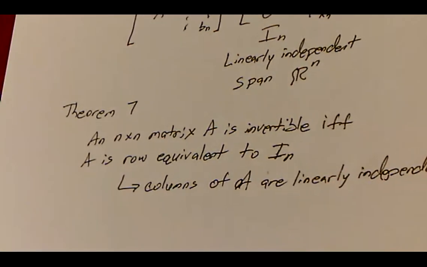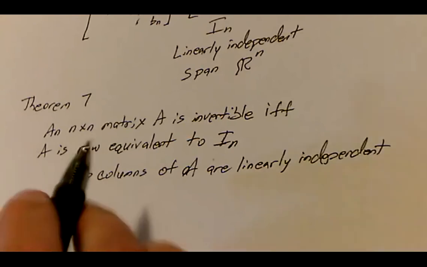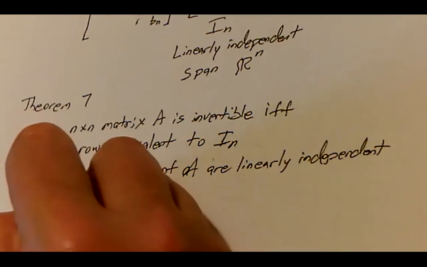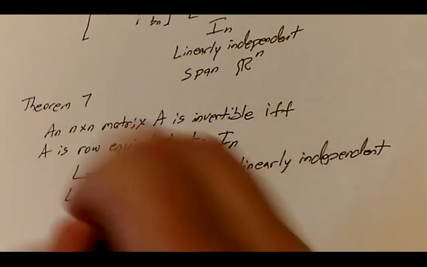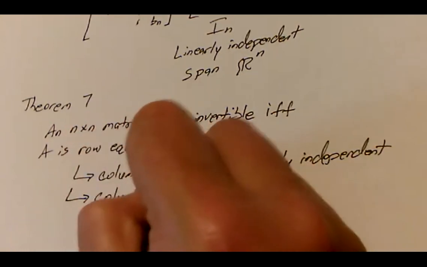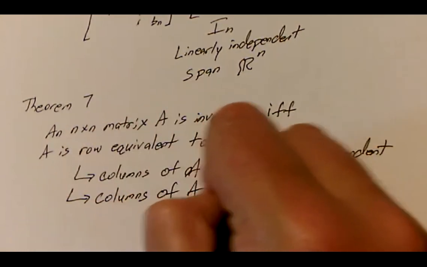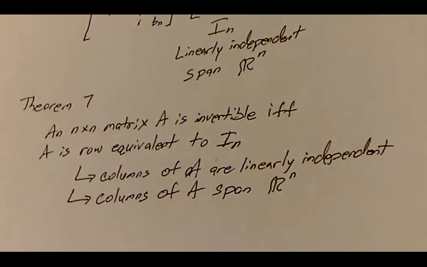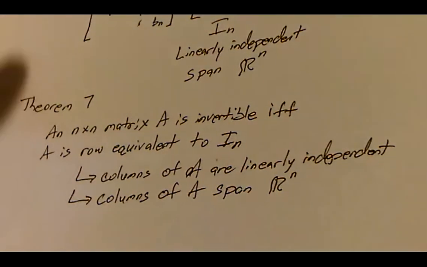Again, not part of theorem 7, just an observation we can make because I now know it's row equivalent to the identity. So I have a pivot in every row and a pivot in every column. And then also from the same area, I know that the columns of A span all of Rn. So I can make any linear combination in that space, okay?